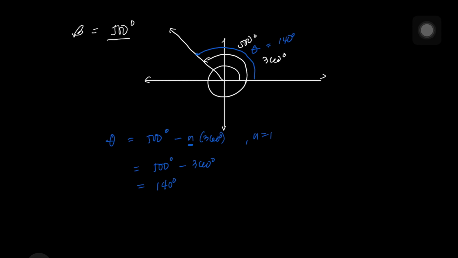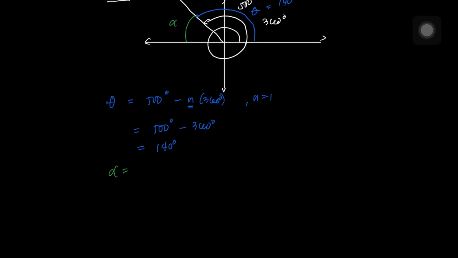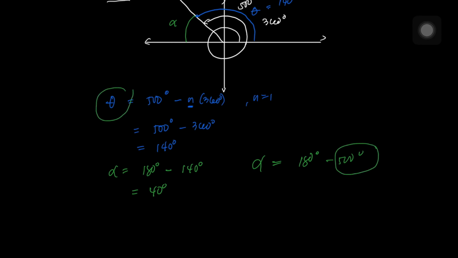For the reference angle, since it is in the second quadrant, we compute 180 degrees minus 140 degrees, which is 40 degrees. It is not 180 degrees minus 500 degrees. Although 500 degrees is our given angle, we use this theta, which is the smallest positive coterminal angle of the given angle.